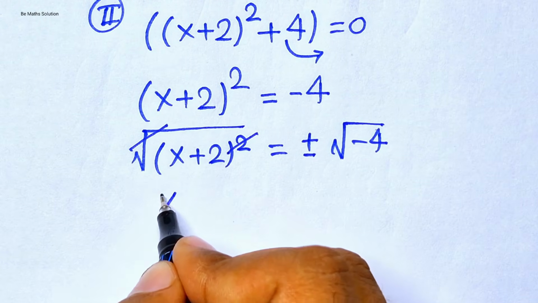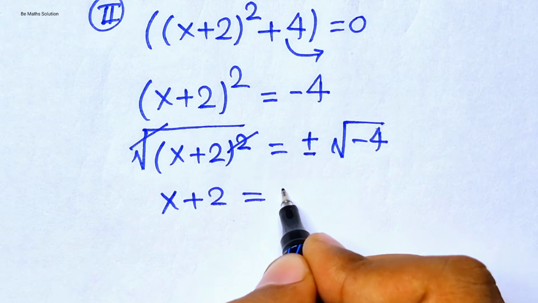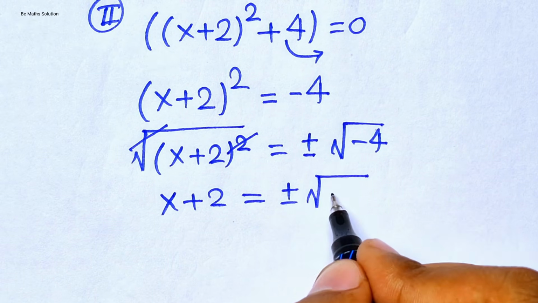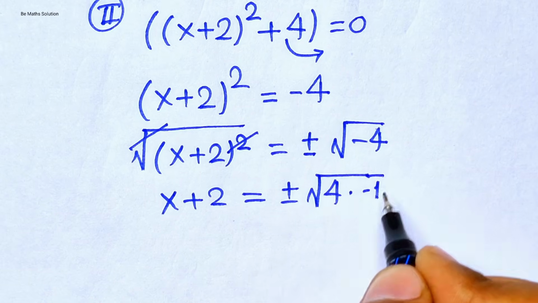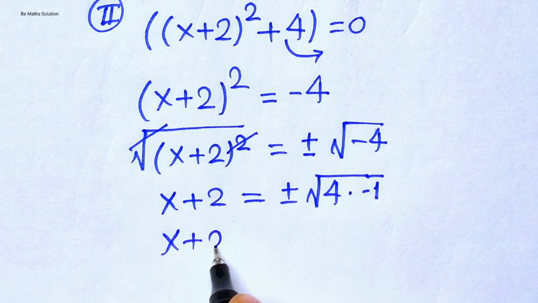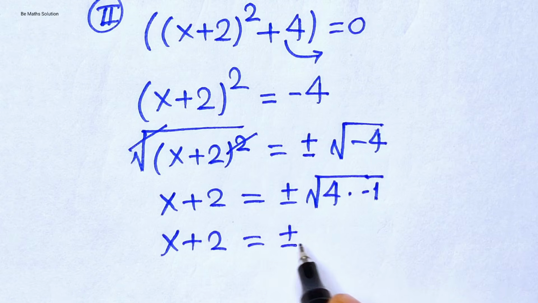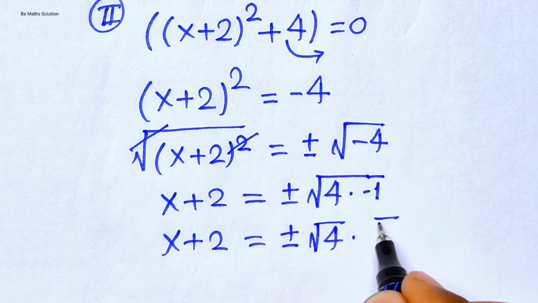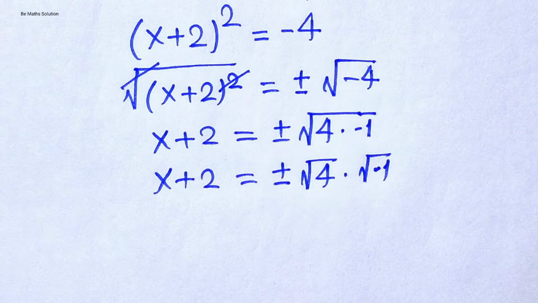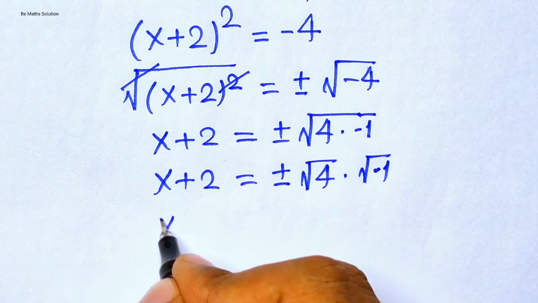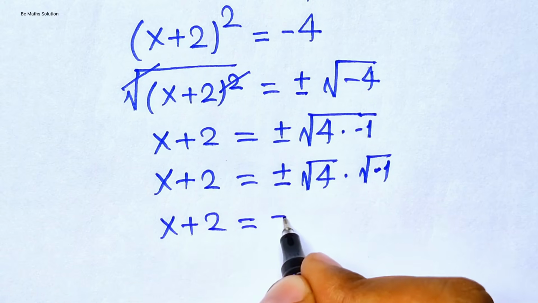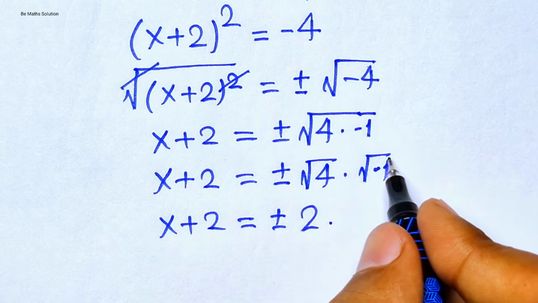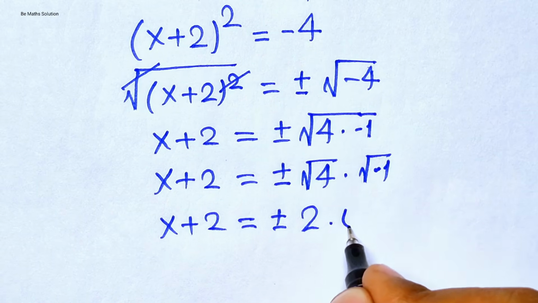So it will be x + 2 is equal to plus minus the square root, we separate, the square root of 4 into the square root of minus 1. So it will be x + 2 is equal to plus minus the square root of 4, which is 2, into the square root of minus 1, which is i.